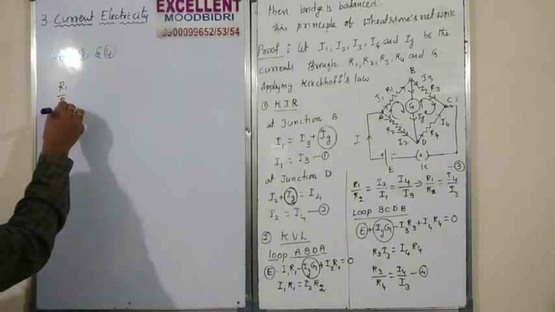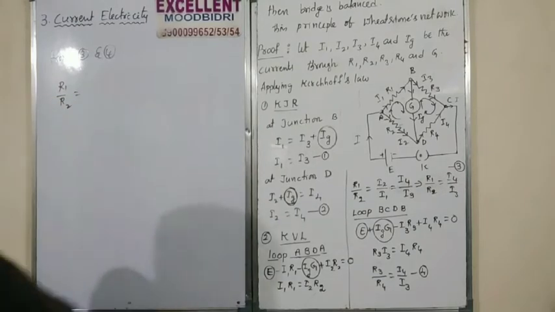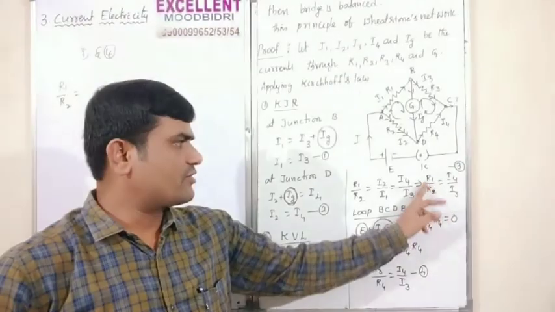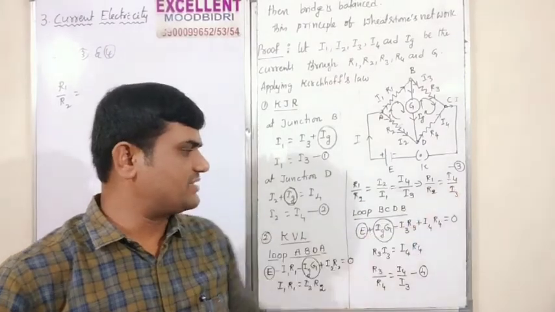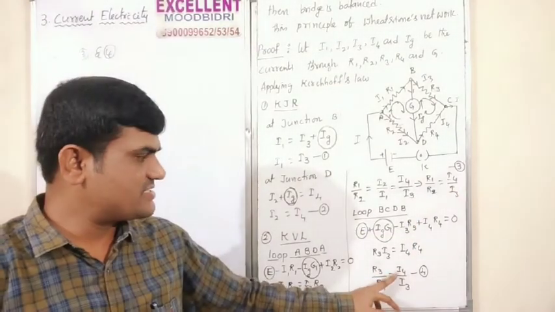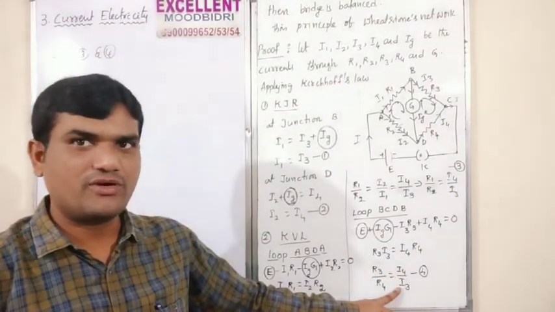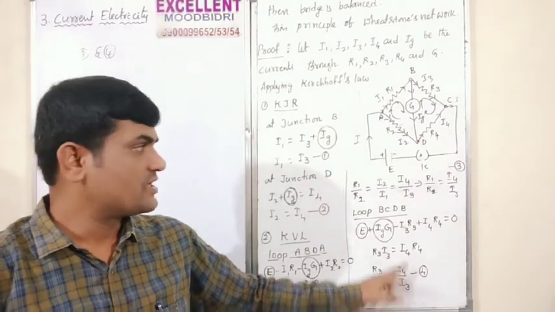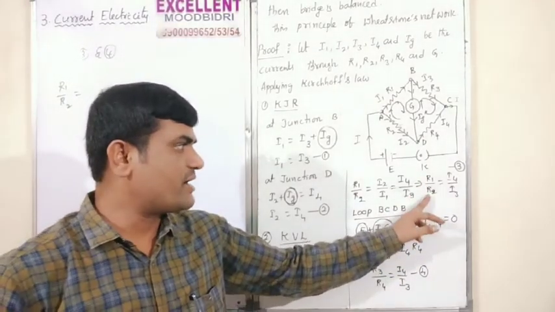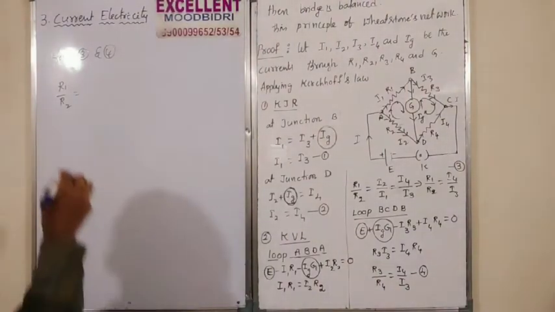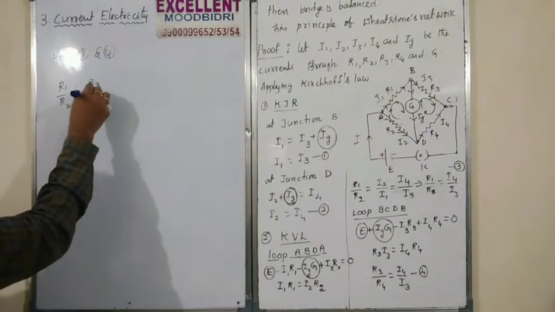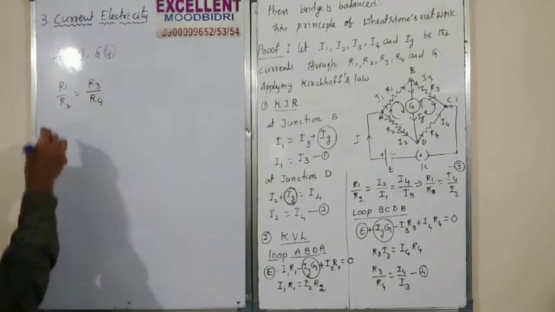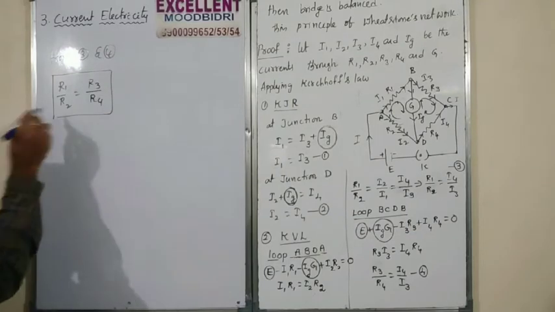R1 by R2 is equal to... LHS, R1 by R2; RHS, I4 by I3. You can observe here, RHS, I4 by I3. Both are equal only, right? Therefore we can equate. What is LHS? R1 by R2 is equal to R3 by R4. Right? This is our formula.